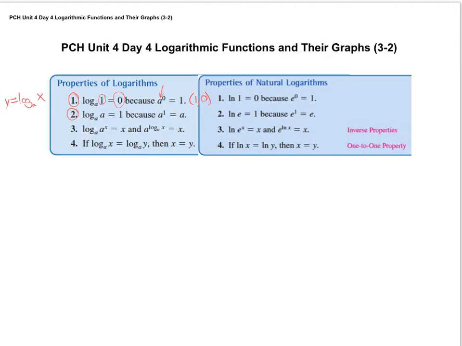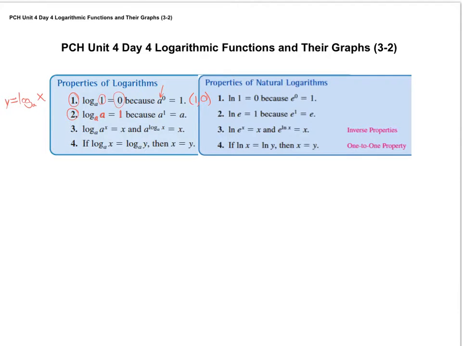So we're raising a to the 0 power and ending up with 1, because anything to the 0 is 1, unless it's 0, but we know the base of a logarithm can't be 0. Likewise, number two: the base a raised to the first power, of course, has to equal a, because anything to the first power is itself.